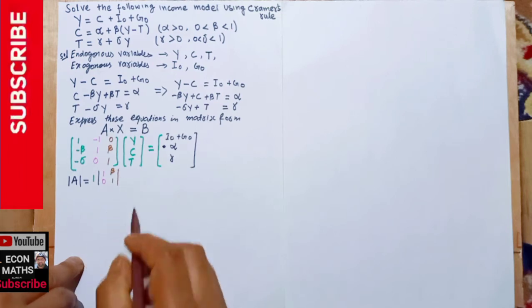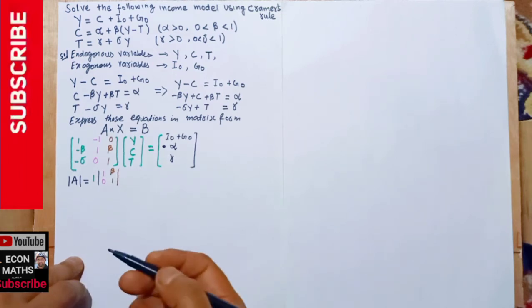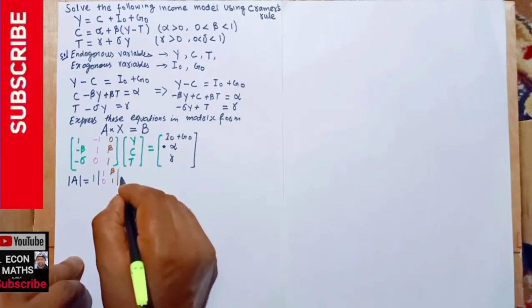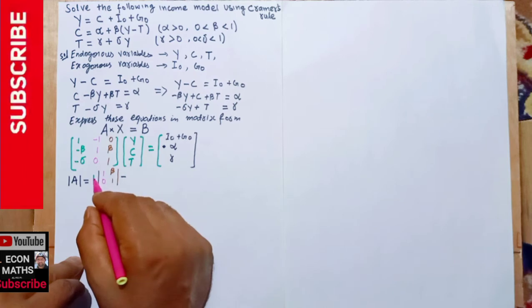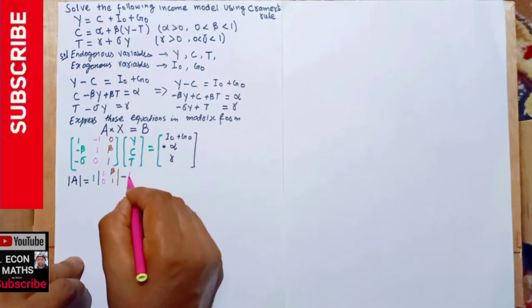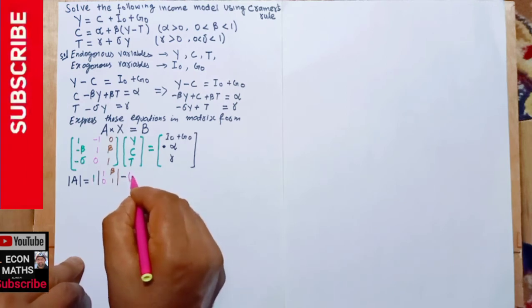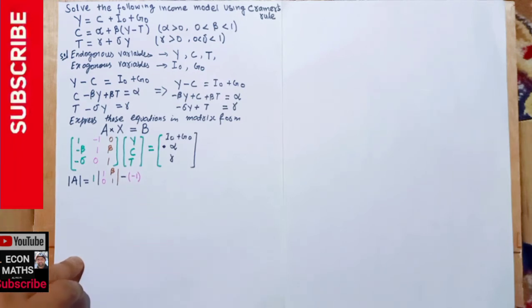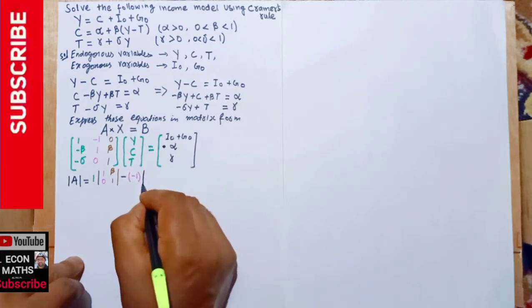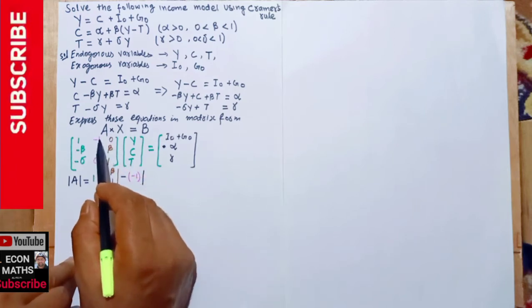Then we take the minus sign, and here it is minus 1, because first is plus then it is minus, as we have seen in the law of cofactors. So this is minus 1, and take the determinant of the remaining elements after deleting the row and the column in which this element appears.